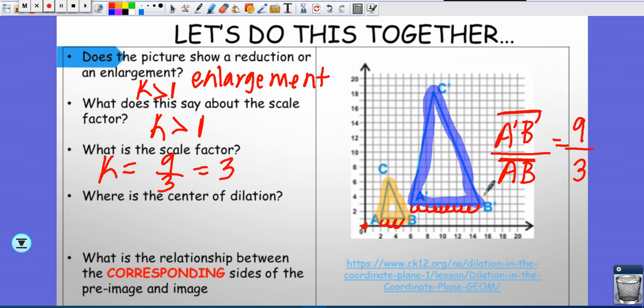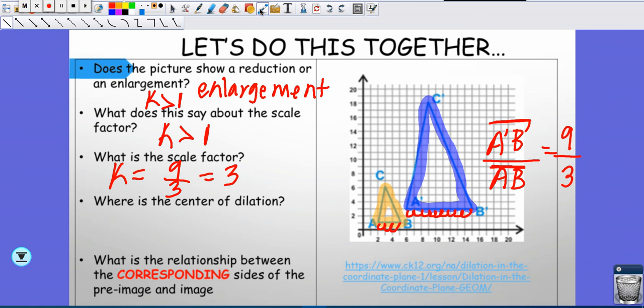And here it asks, what is the center of dilation? So to find the center of dilation, I'm going to draw some dotted lines where I connect C to C prime. Then I'm going to change these line colors, and I'm going to connect A to A prime.